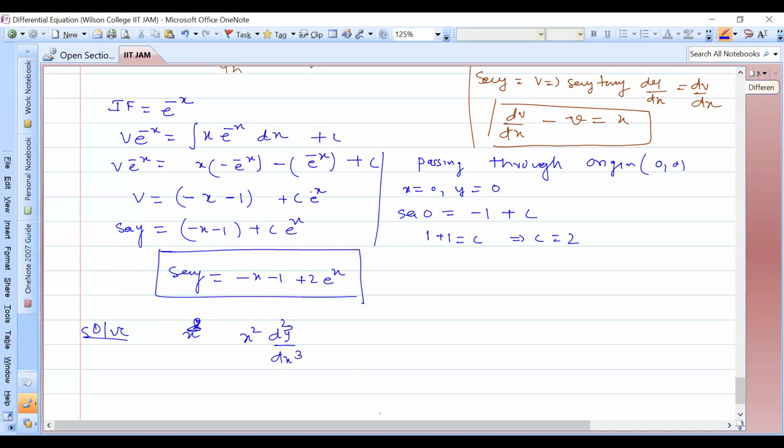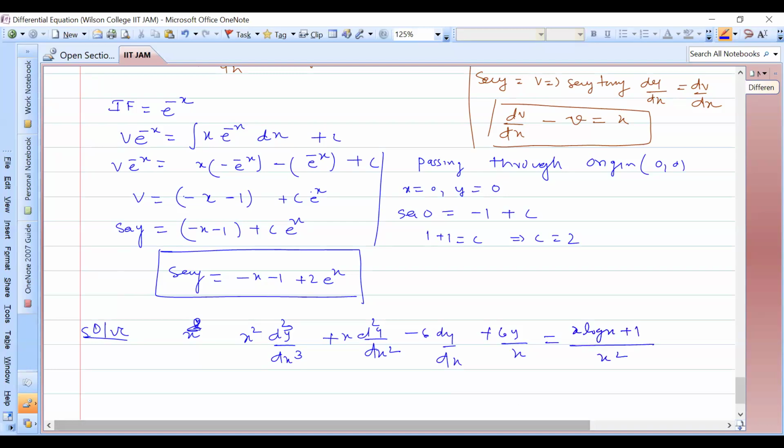x cube d3y by dx3 minus x square d2y by dx2 minus 6x dy by dx plus 6y equals x ln x, x log of x plus 1 upon x square.